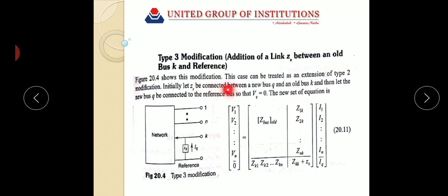Initially, let Zs be connected between a new bus Q and an old bus k, and then let the new bus Q be connected to the reference bus so that VQ equals 0. So the new set of equations is given by 20.11. This is V1, V2 up to Vn, and this is 0, and Z bus old, with one row and one column added.